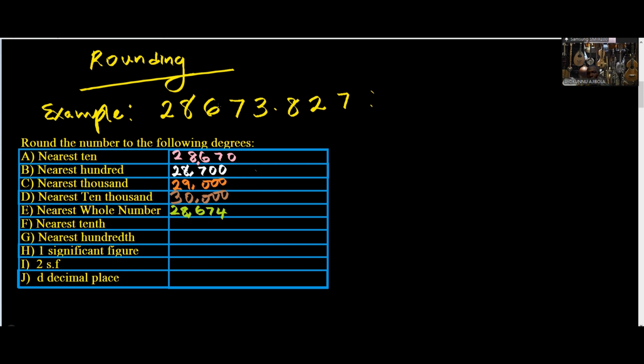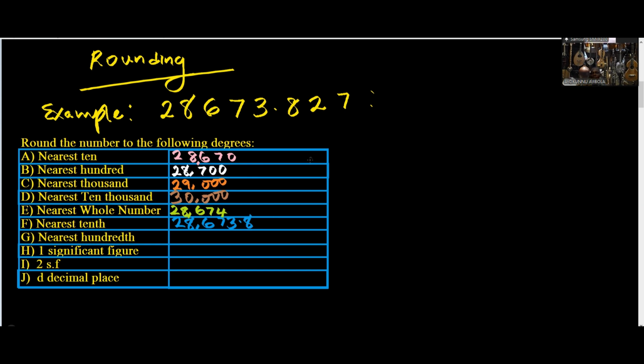To the nearest tenth, tenth means the first digit after the decimal, okay? So we're stopping on this 8, and the 2 cannot affect the 8, so we leave it like that. So our answer is going to be 28,673.8.